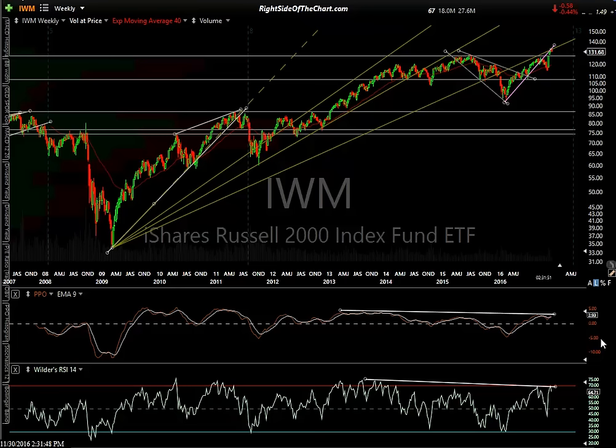And we don't have such an overweighting in the top 10 as you do in something like the NASDAQ 100, for example, where the top 10 make up the bulk of the returns of that index. But with that being said, we'll look at a few because the charts are very much in alignment. And of course, the top weighted holdings in the IWM do have some significance there.